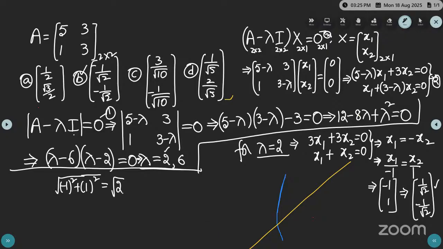That equals to root 2. That is the normalized eigenvector.